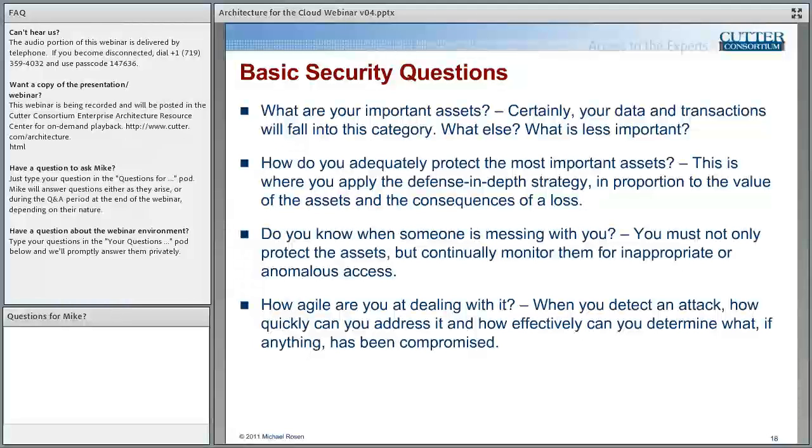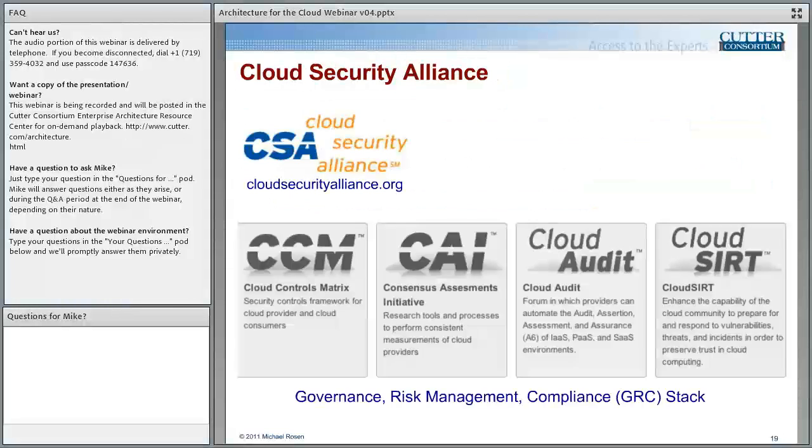So how do we answer these questions differently when a cloud provider is involved? We still have to ask the same questions, but now we're going to have a slightly different set of answers. Luckily, there's some help in this space. Clearly, this is an area where there's been a lot of criticism of the cloud, a lot of publicity, and there's an alliance, what's called the Cloud Security Alliance, which has been put in place to help us manage these things.